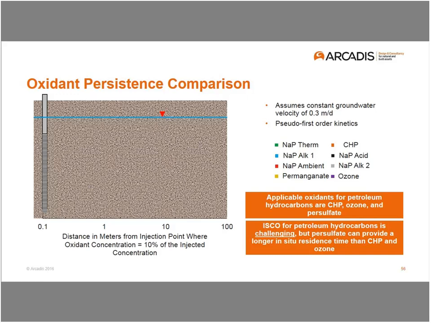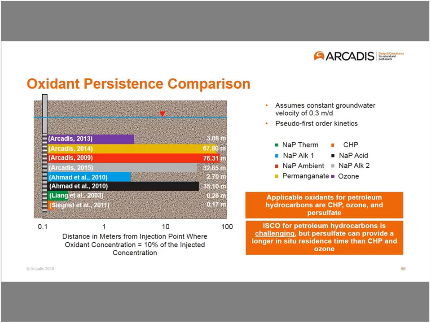So if we populate this slide, which will look at different persistence of chemistries in situ, the colored bars correspond to travel distances where we would expect the injected oxidant chemistry to be degraded to 10%. And we assume a groundwater velocity of about 0.3 meters per day and pseudo first order kinetics.